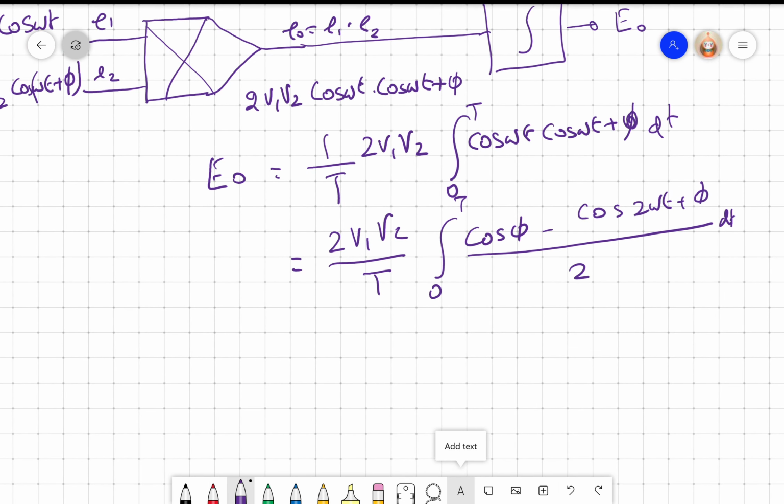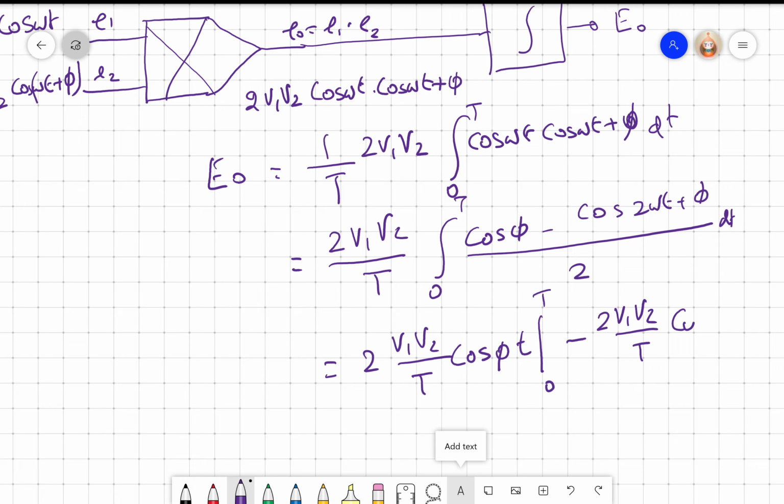So this would be 2 V1 V2 by T into cos phi, right? If I integrate cos phi, I am going to get a T will go 0 to T, and minus 2 V1 V2 by T into cos (2 omega t plus phi), again integral dt.